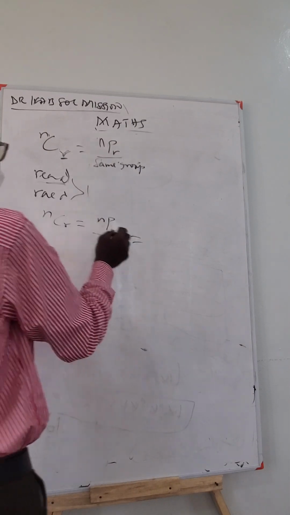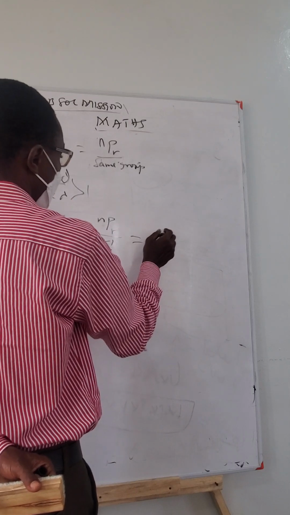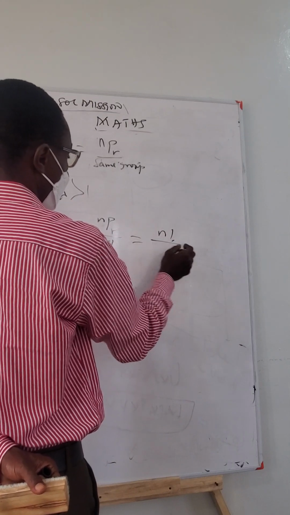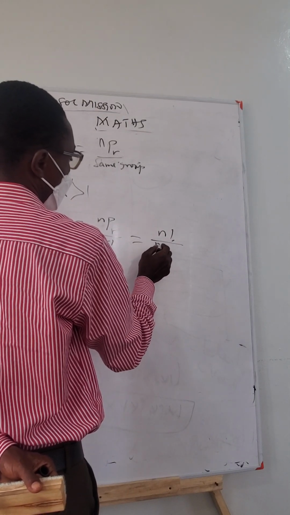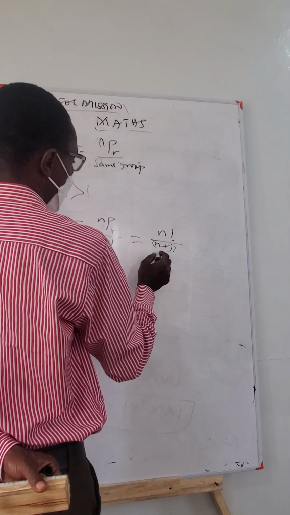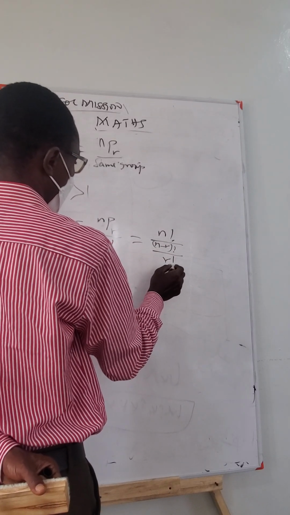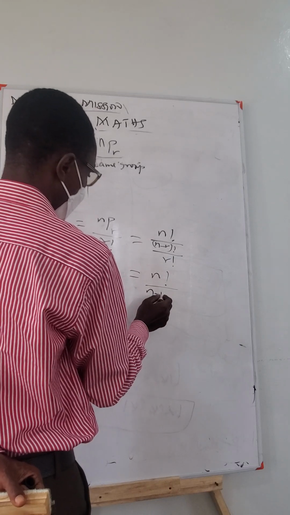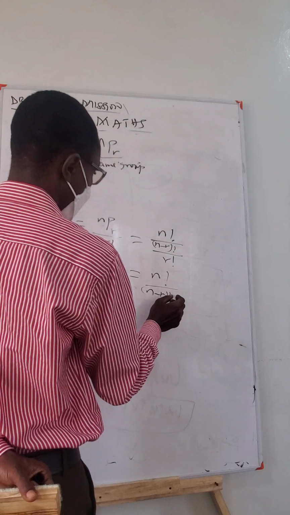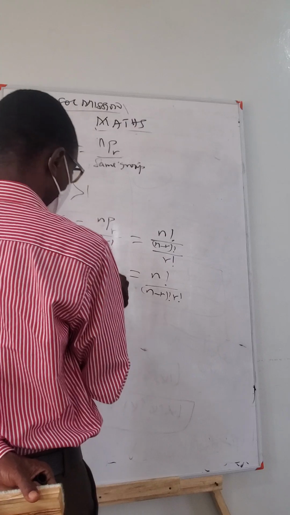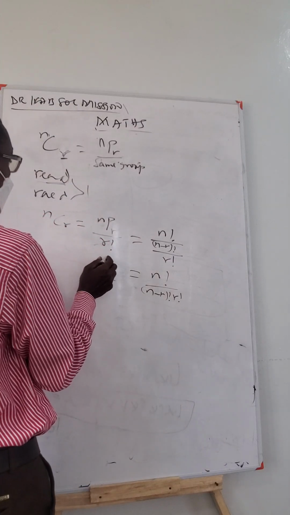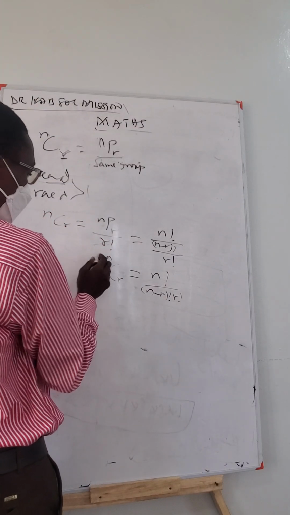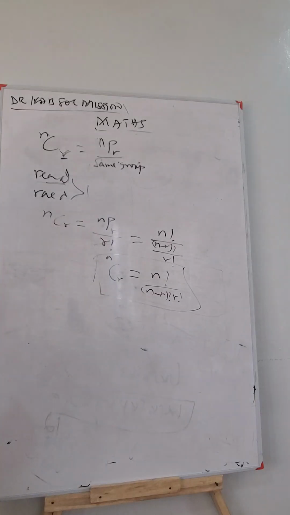This can be rewritten as n choose R is n factorial over n minus R factorial, all divided by R factorial, and this will reduce to n factorial over n minus R factorial and then R factorial. And so this is the general formula for n choose R.